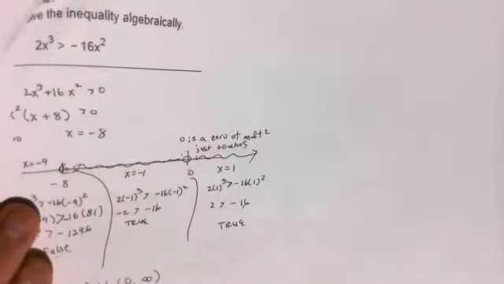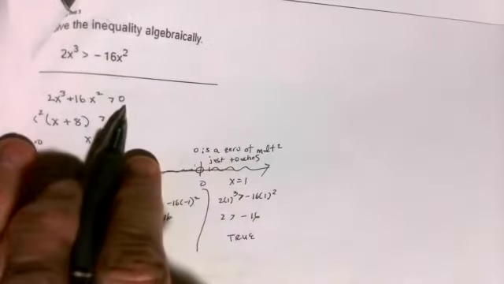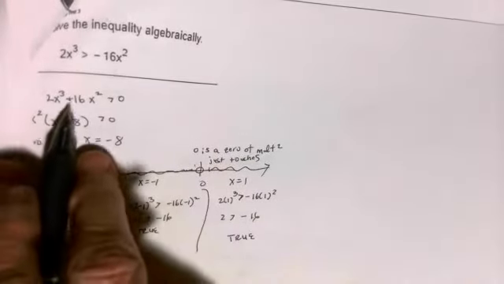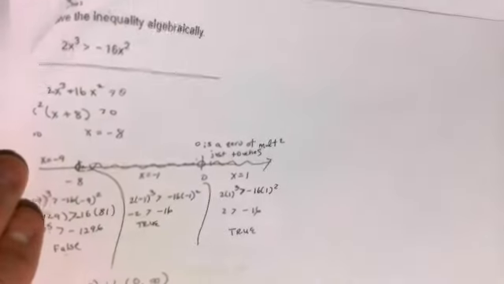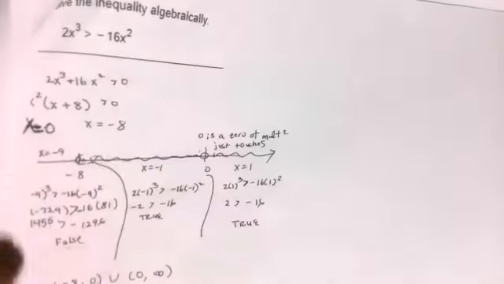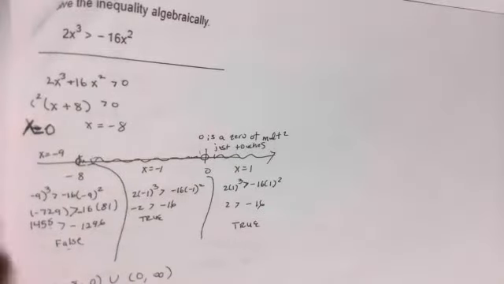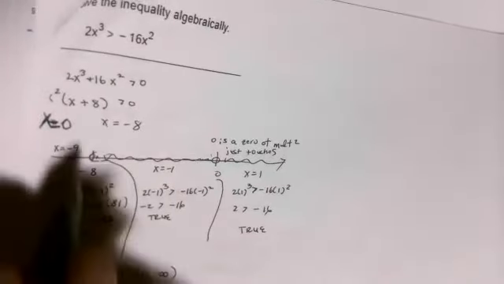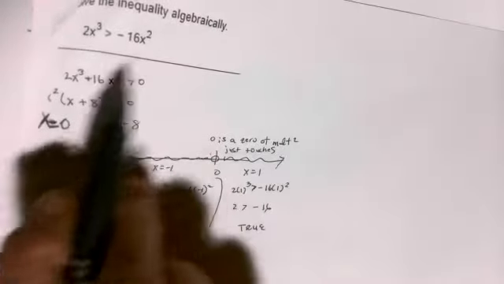And let's see. Then the last thing we had were the polynomial inequalities. So the first thing you want to do is get 0 on one side, and then we're going to factor it. And we do that to find out what the zeros are, or actually what we call boundary numbers. So we get x equals 0 and x equals -8.